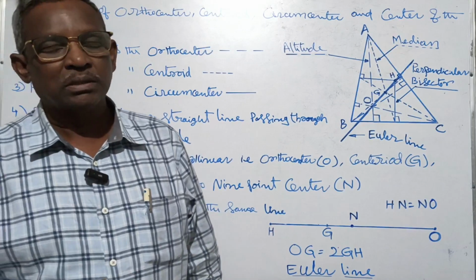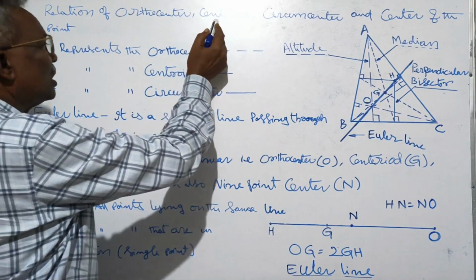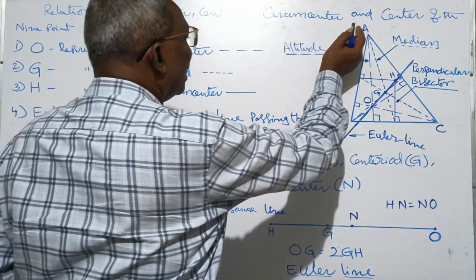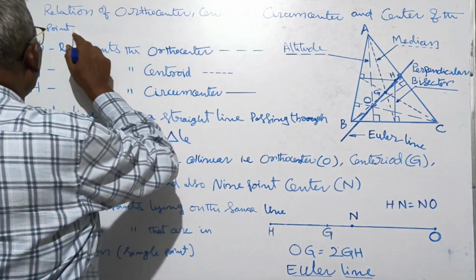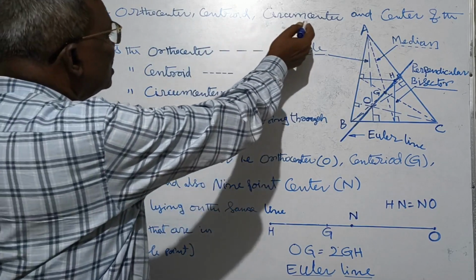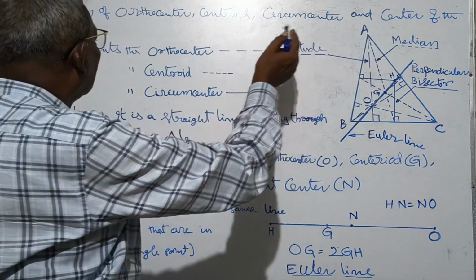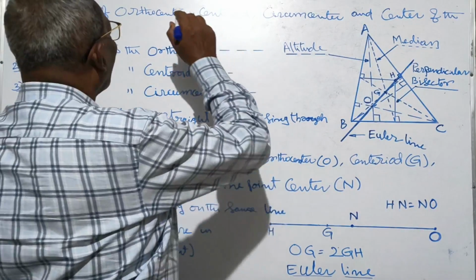Today our topic is the relation of the orthocenter, centroid, circumcenter and center of the 9 points. The relation between the orthocenter, centroid, circumcenter and center of the 9 points in a triangle.